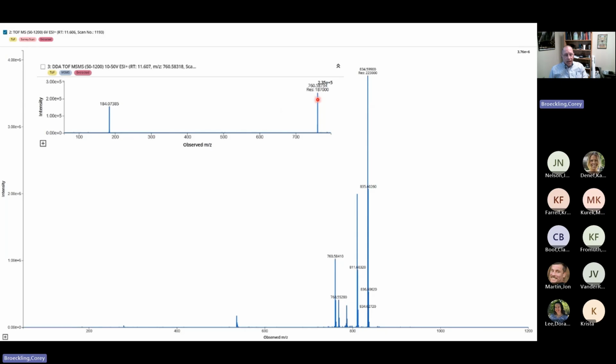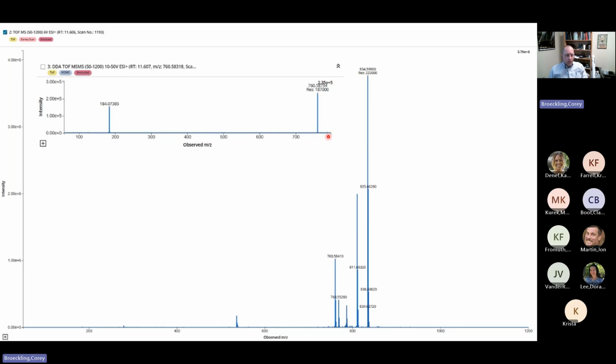This is an MS/MS spectrum. You can see resolution specs here over 1 million, and we're getting mass accuracy that's the same in the precursors and the product. One other thing I want to point out is that you can see a little shoulder here, and a little bit of shoulder here. Those are isotopes at 761 and 762. We've isolated them here. So 760 was sampled, but the isotopes are not.